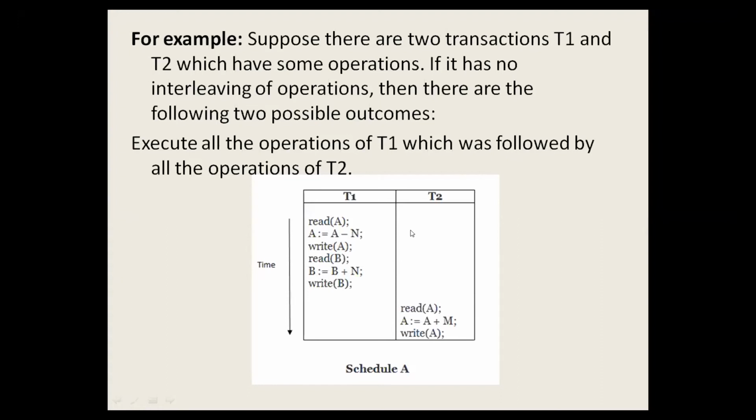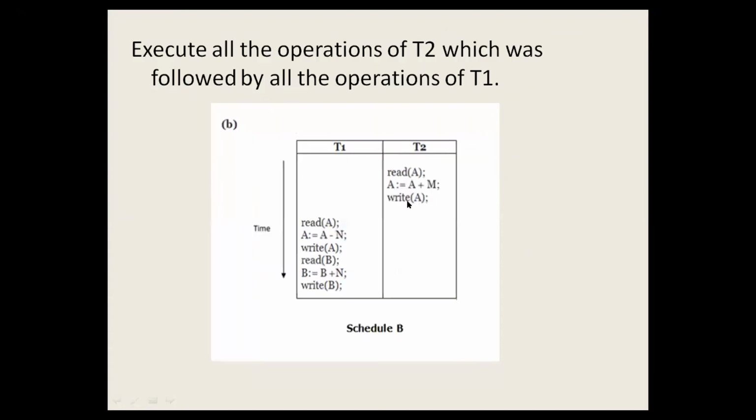In the meantime, T2 will still be waiting. You don't have any of the operations of T2 happening in between. And it can be vice versa also. In the next example, first T2 completes its operation, then you have T1, and T1 completes its execution here.